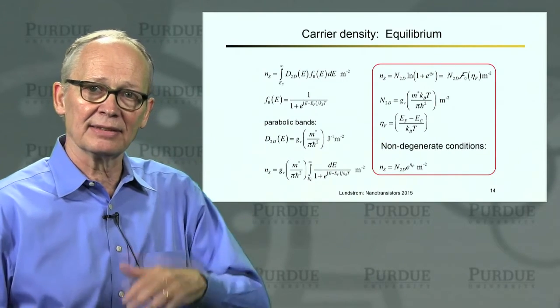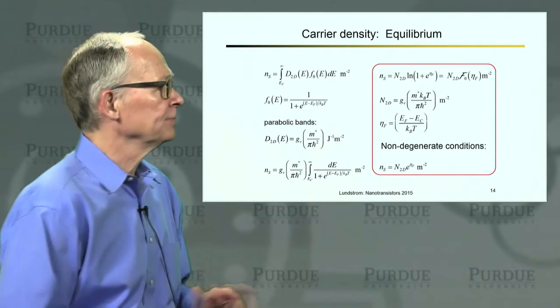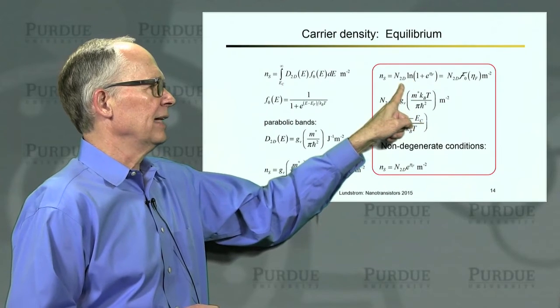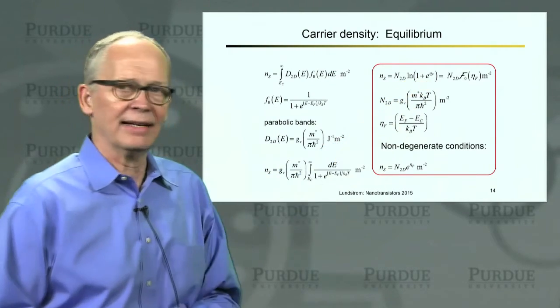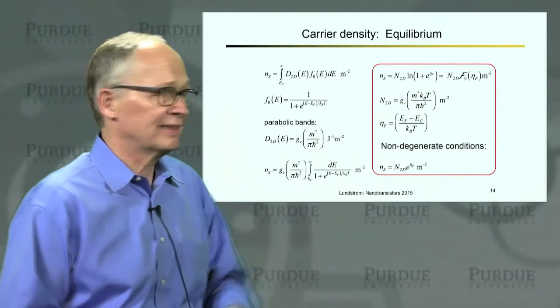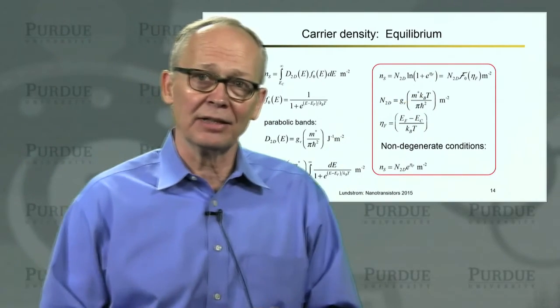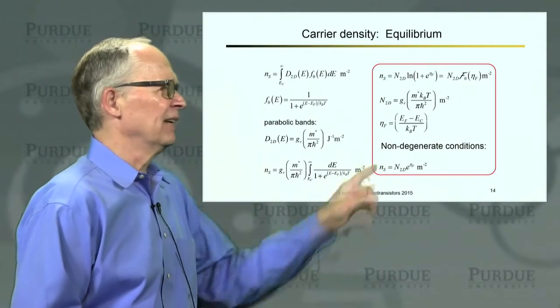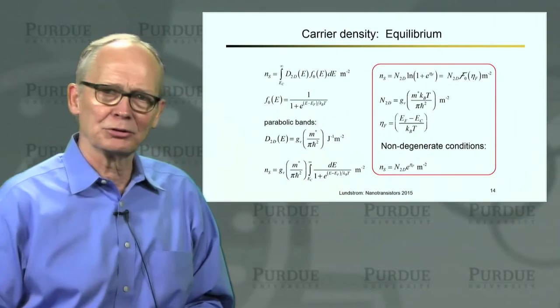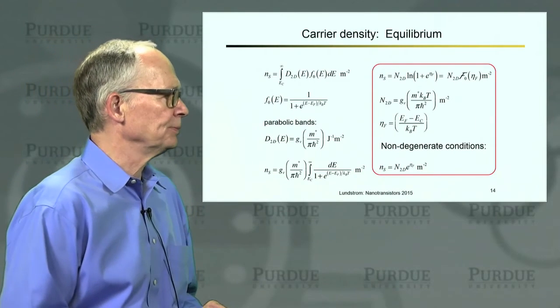The bigger eta_F is, the higher the Fermi level is. So it's effective density of states times the logarithm of 1 plus e to the eta_F. Logarithm of 1 plus e to the eta_F also has another name. It is a Fermi-Dirac integral of order 0. And various types of Fermi-Dirac integrals pop up in these calculations that we do.